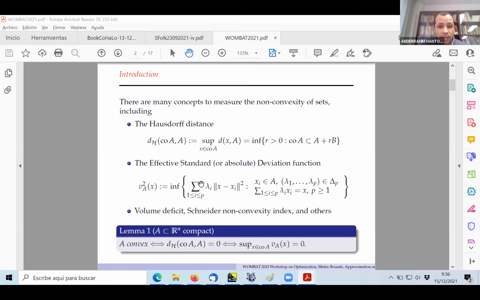This is called the standard deviation function. The word absolute is used when instead of the norm squared, I take the norm here. This is one function that we will use in this work.